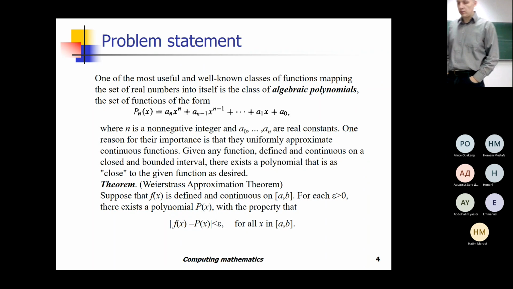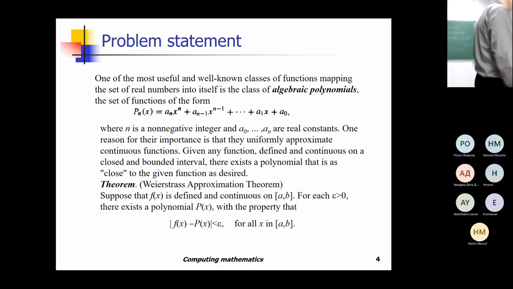And for any given function, for any given continuous function, there exists a polynomial that is close to the function as desired. For any function, you tell me the function, and I can tell you the polynomial that will be close to this function.